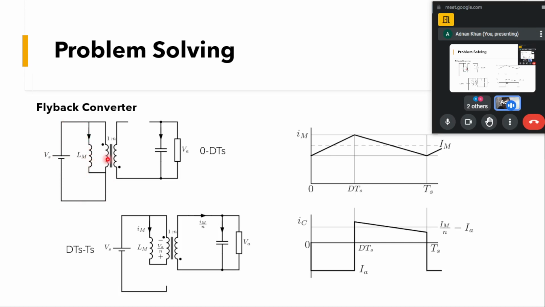Since this is parallel to this primary, this voltage will be across this primary. The dot will be on this side positive, so here it will be this side positive, this side negative. When we have a diode with the cathode here, we have a positive voltage from here, negative voltage here.